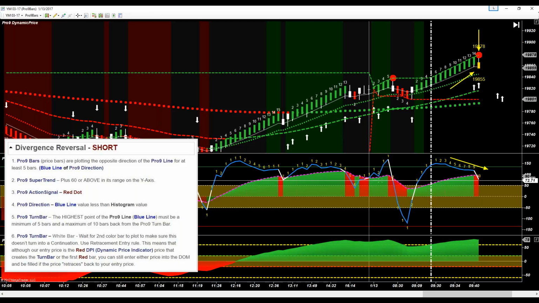So in this case, the way I like to wrap up rules 1, 5, and 4, because again, we're also looking for our blue line to be on the correct side of the histogram, and it will often cross over when that turn bar plots. The way to sum up all of those rules is when this blue line gets to the correct side of the histogram, this number needs to be between 5 and 10.